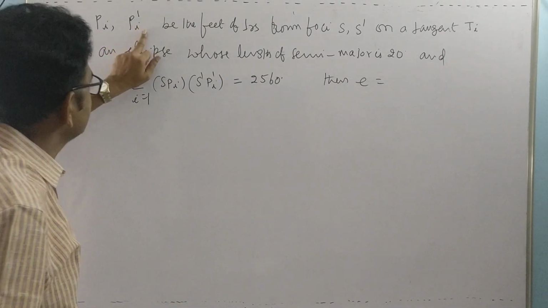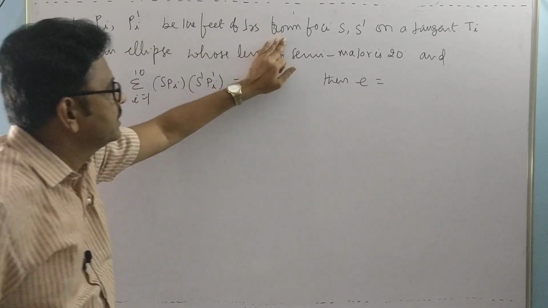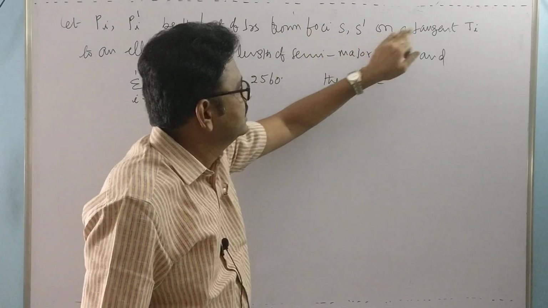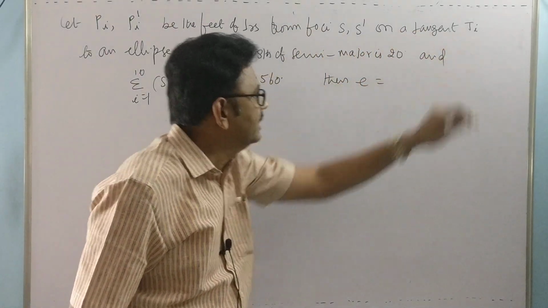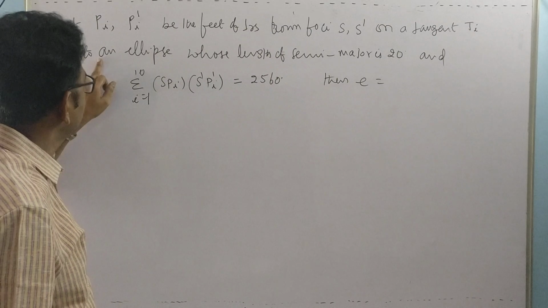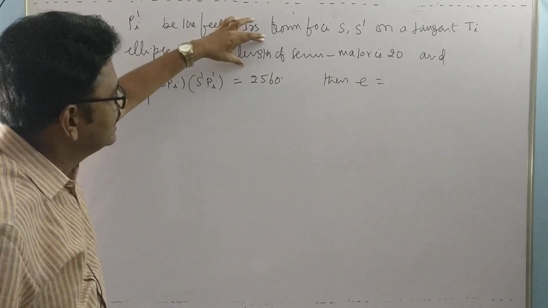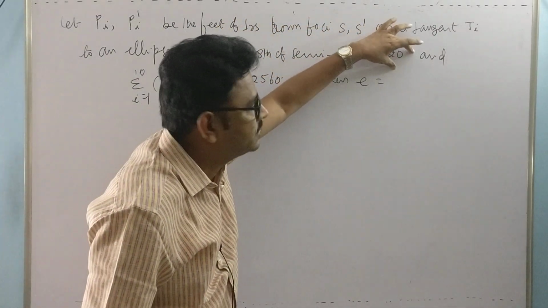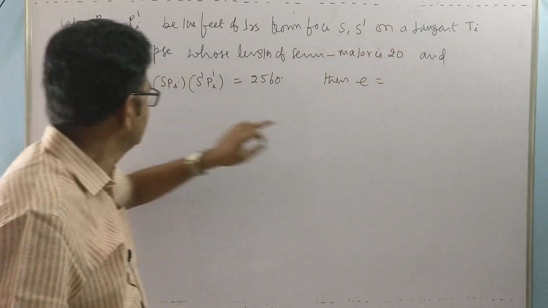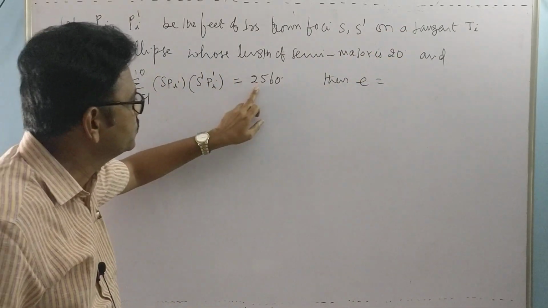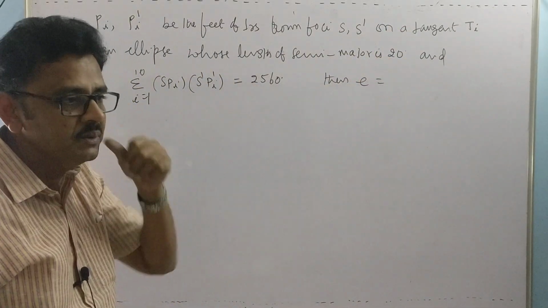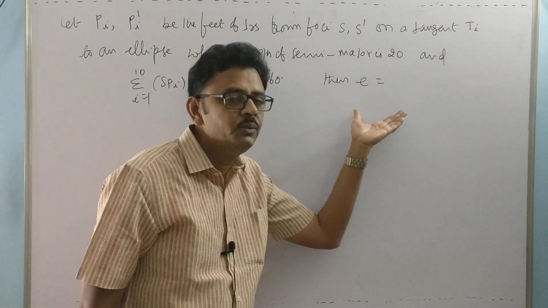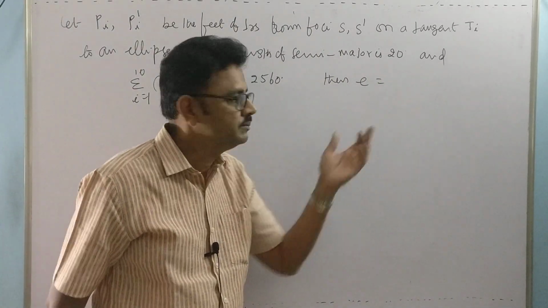P_i, P_i dash are the feet of perpendiculars drawn from foci to any tangent T_i to an ellipse whose length of semi-major axis is 20, and this sum is given as 2560. Then e is equal to, this is purely concept based.